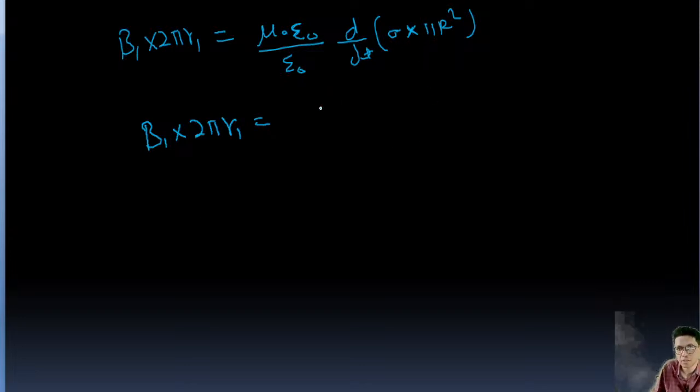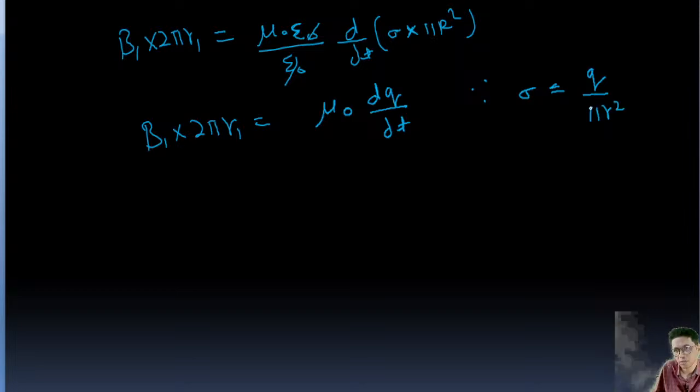this one. This is going to be mu0, okay, this will get cancelled, mu0 into dq upon dt, because we know that sigma equals charge per unit area, that is the charge density, right? So from here q value is going to be sigma into pi r square. Since we know that, sigma into pi r square is q, and dq upon dt is I, right?